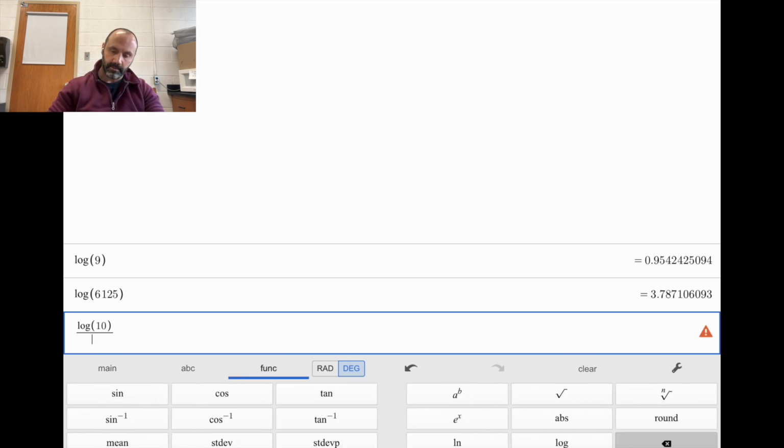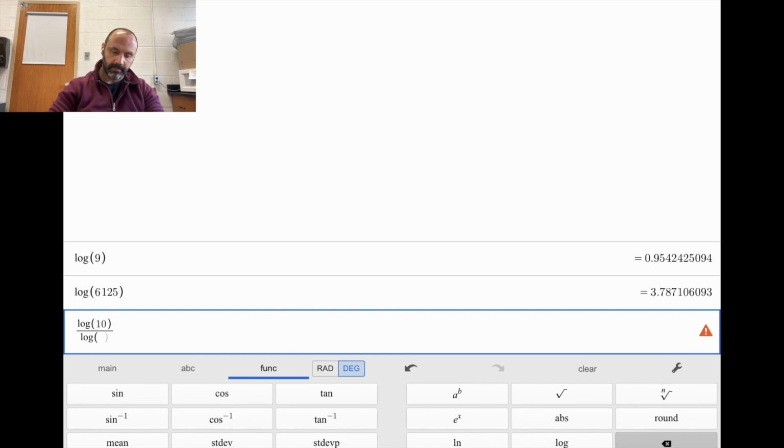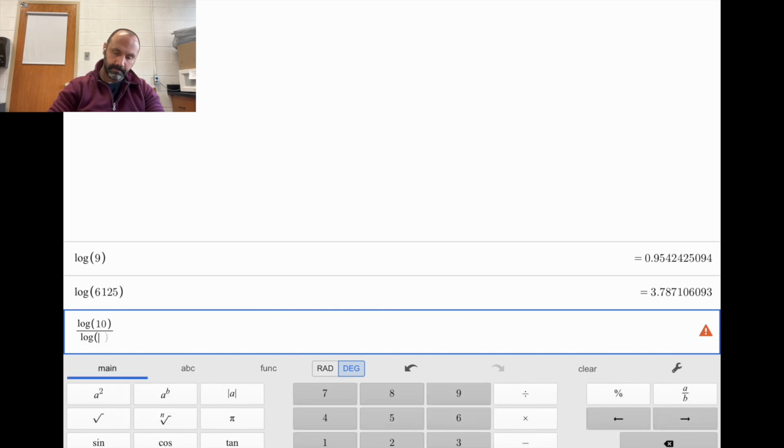So now I divide by log of 2. As long as the logs in the numerator and denominator have the same base, so log base 10 of 10 over log base 10 of 2, that's going to give me log base 2 of 10. And so the answer here is 3.32.